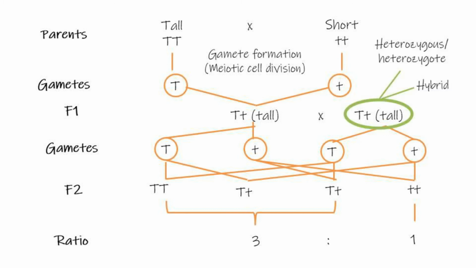Individuals of the first filial generation possess 2 different alleles for the height of plants. They are said to be heterozygous for this characteristic, and they are called heterozygotes. They are also called hybrids, as they are produced by crossing 2 homozygous parents, which are genetically different for the height of the plant.